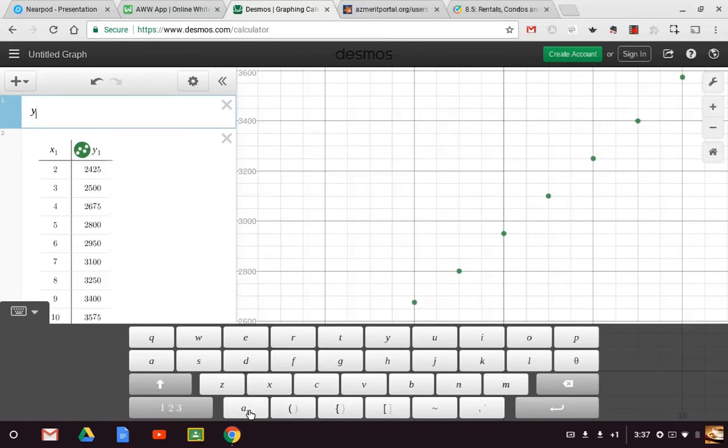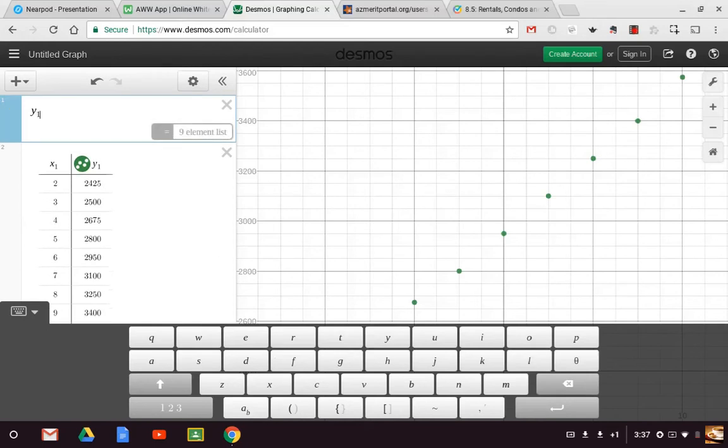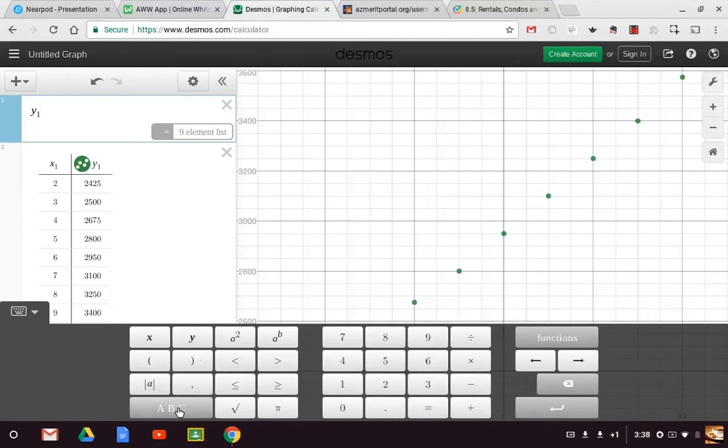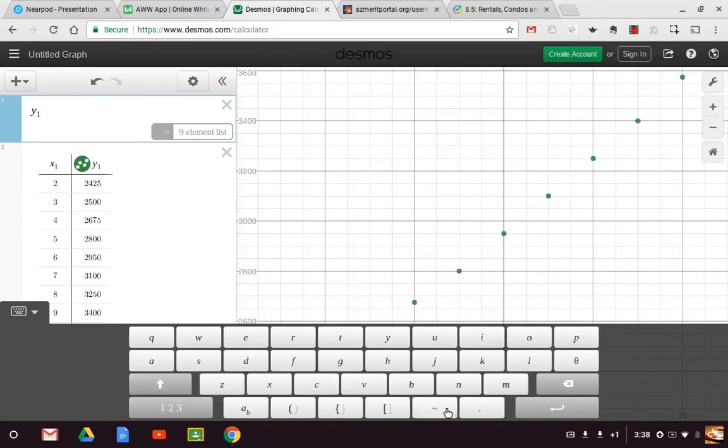I'm going to press that and put the 1 in. Now remember, just like with the linear, it's not equal to, it's an approximation. So we have to use our squiggly, which is shift and the key next to the 1, or on our ABC keyboard it's on the very bottom row.